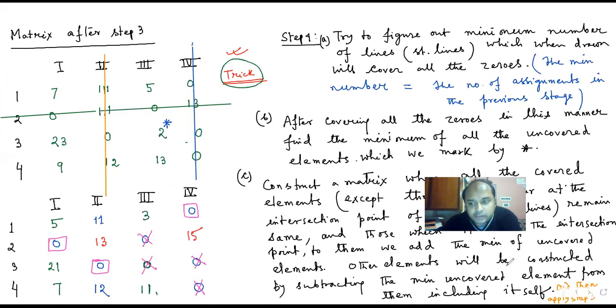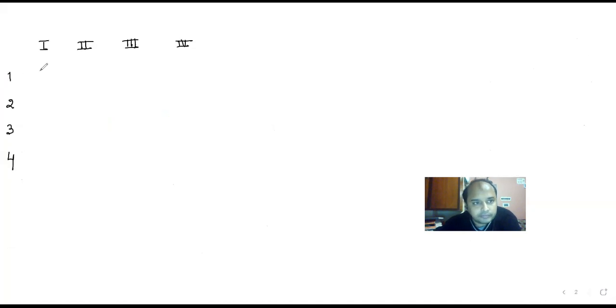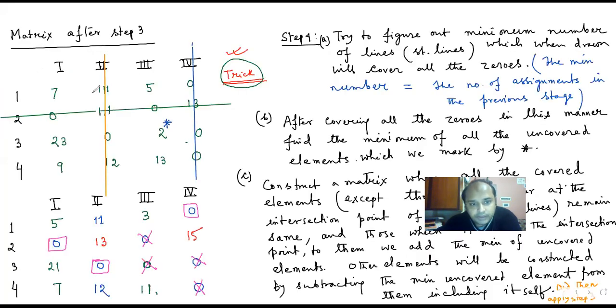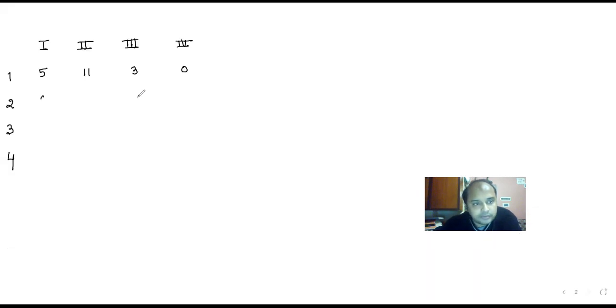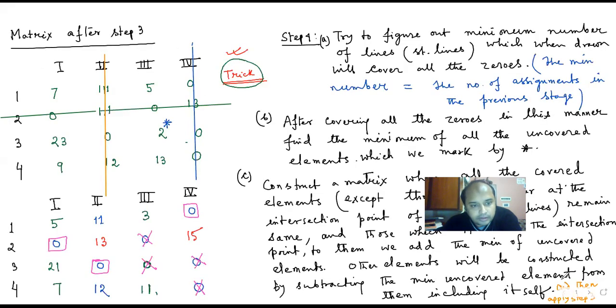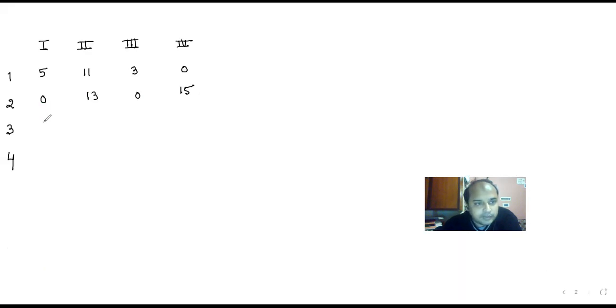Five 1130, 51130, 013 015, 2100, 21 3 zeros, and then the last one 712 150.